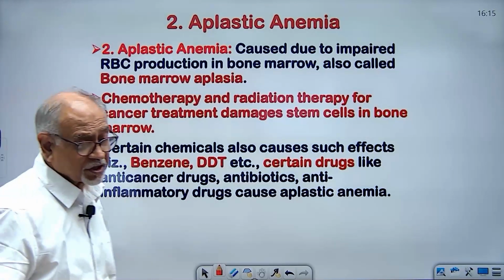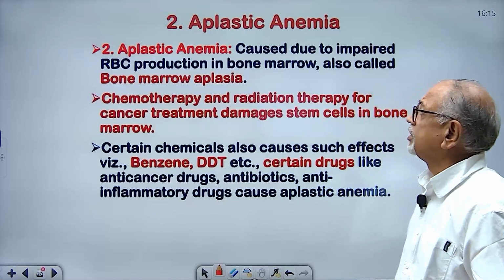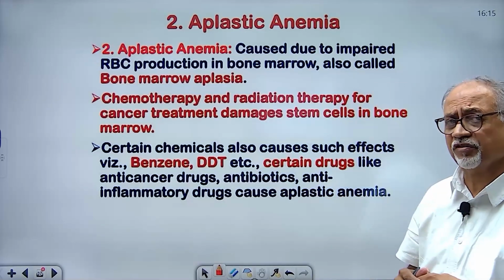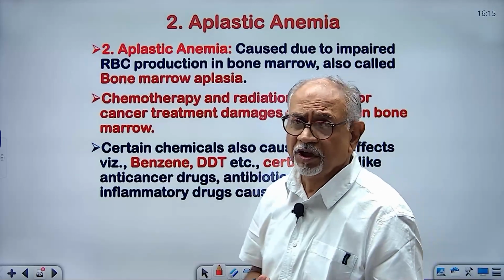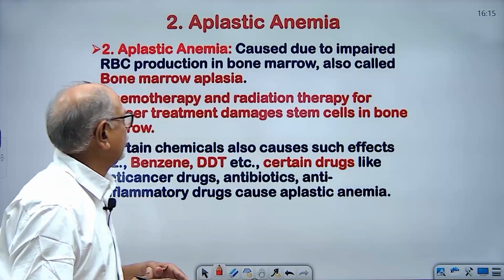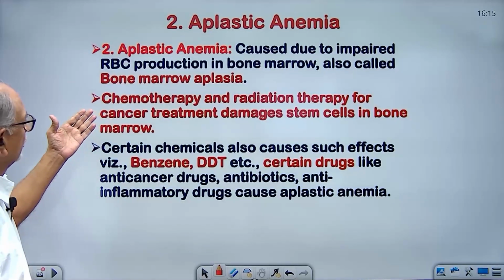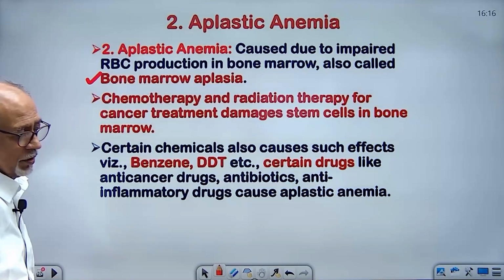Then aplastic anemia, as just described, that if the formation of RBC, that is production of RBC, is affected in bone marrow, it is called aplastic anemia. Now, it is seen in various conditions. It is also called as bone marrow aplasia.